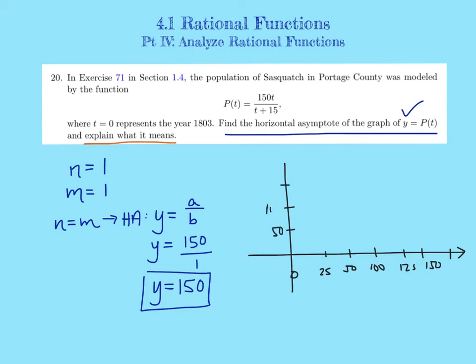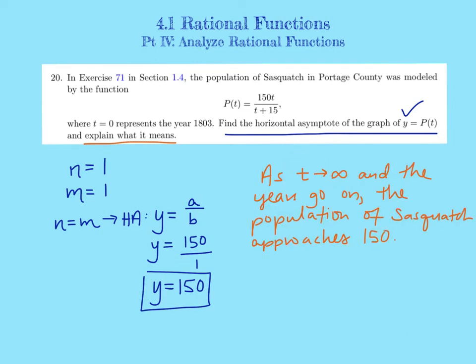What happens is our graph is going to level out at this horizontal asymptote. It's going to approach 150. So as the years go on, the population of Sasquatch is going to level out to 150 Sasquatch. So as t approaches positive infinity, and as the years go on, that's what that means: the population of Sasquatch in Portage County approaches 150.